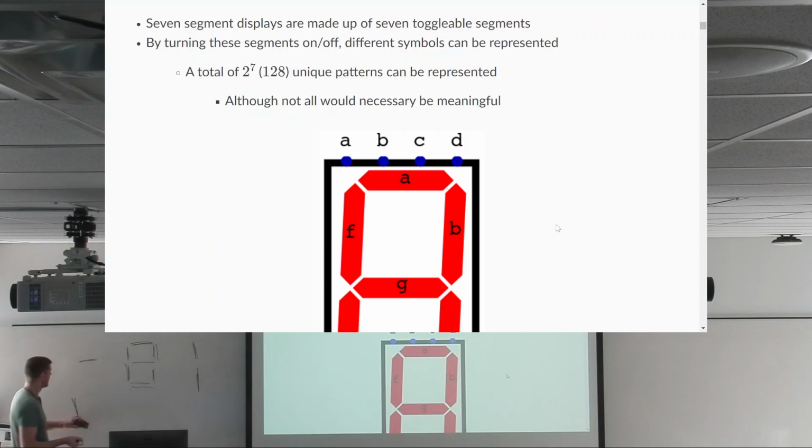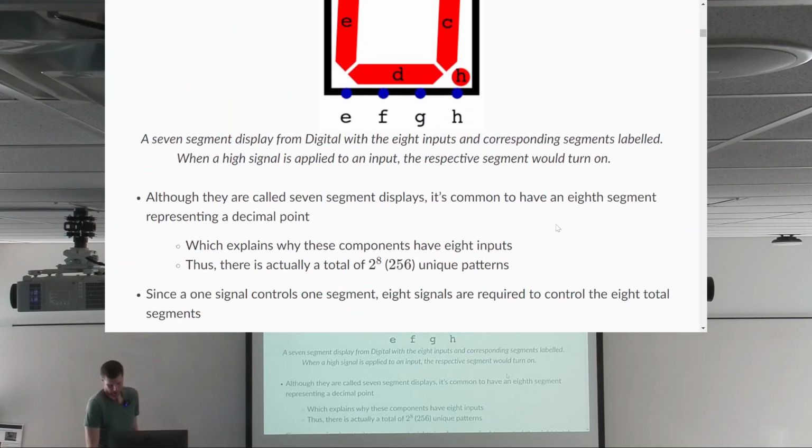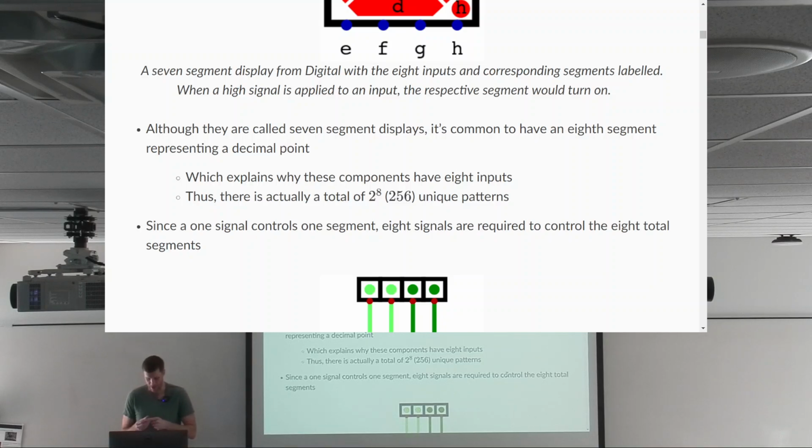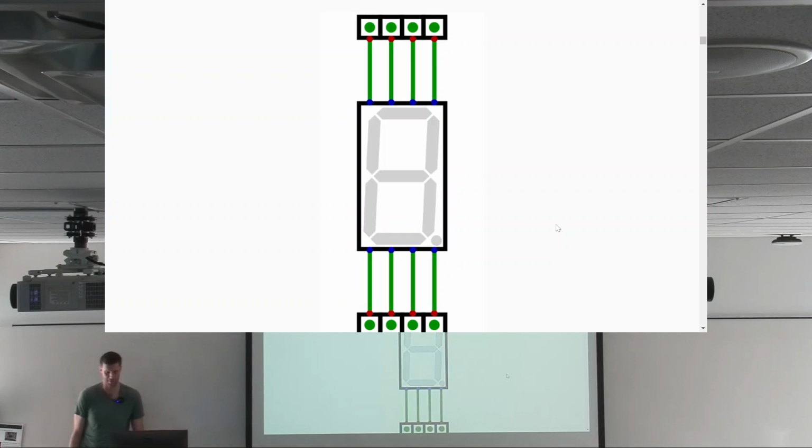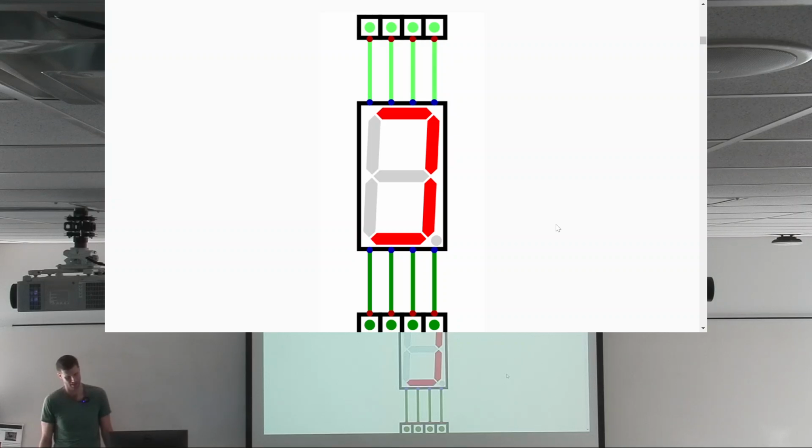So we really have a very small set of patterns that we care about. Usually we have 8 segments. Okay, so this is the idea. Here I'm just turning them on so we can see how they go. The pattern for 8 is pretty simple. It's everything on except the decimal, I guess.